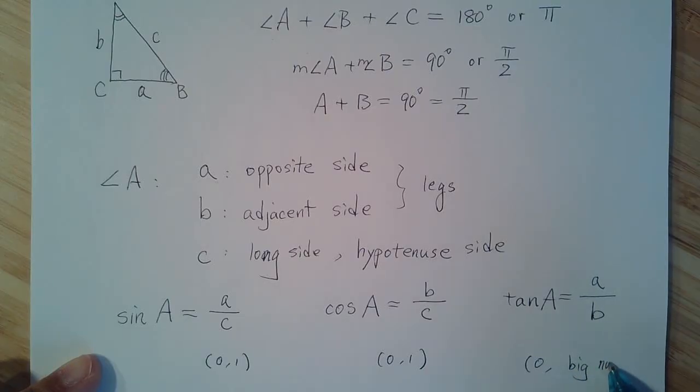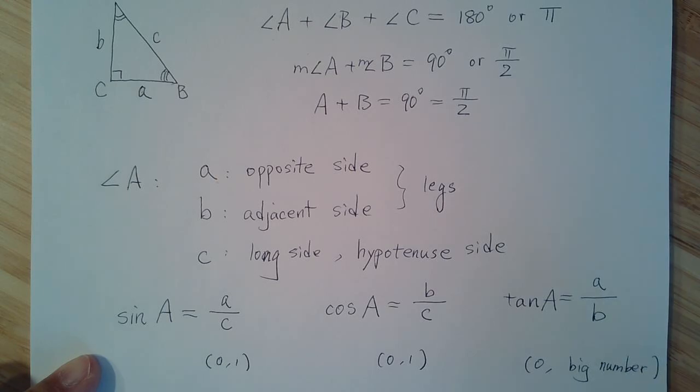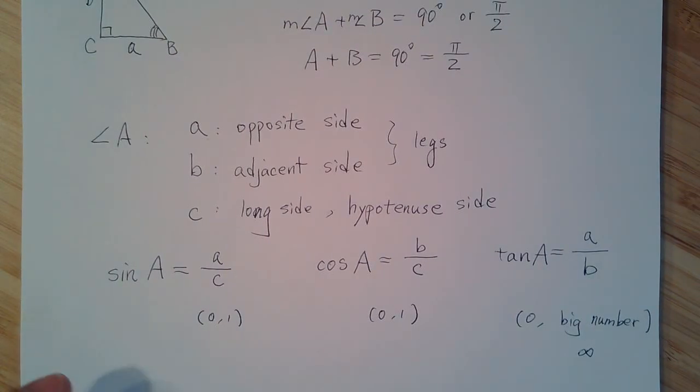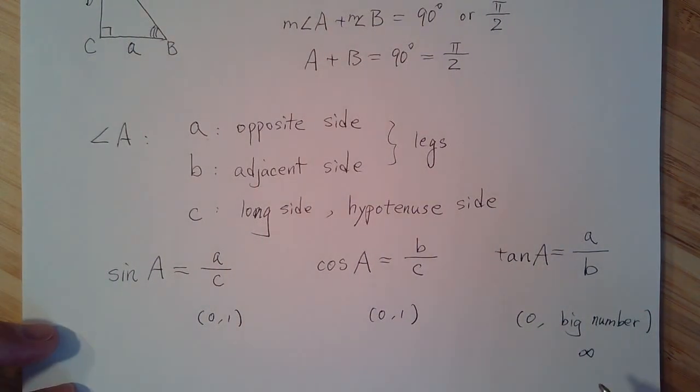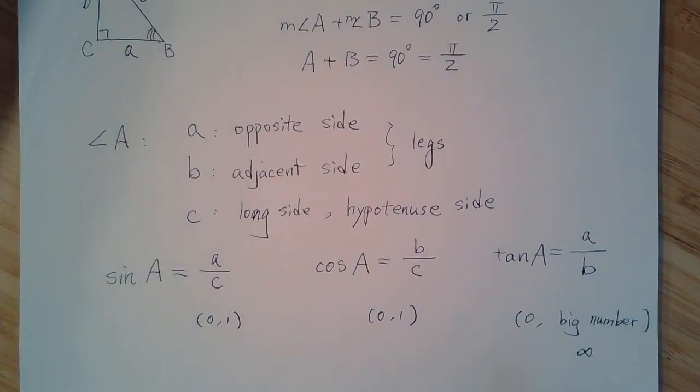I just write it like this right now. In the future, you will probably learn we can use infinity, which means a big number. So those are the three trigonometric functions, all right?